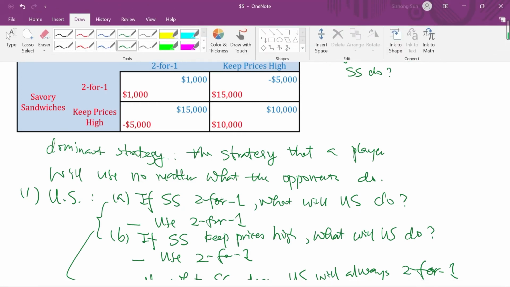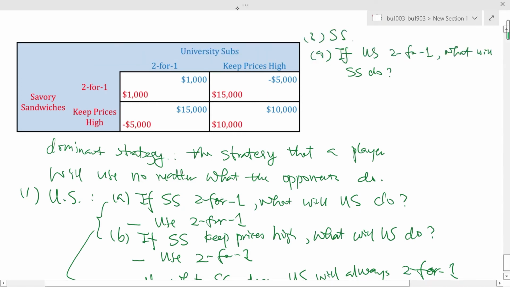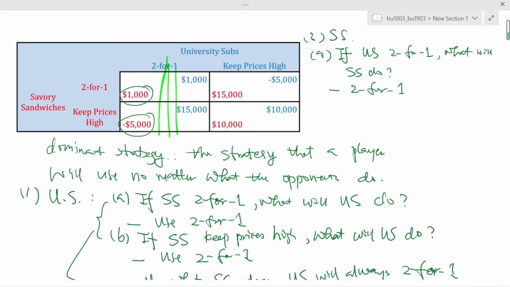So if University Subs choose two-for-one, then we are in these columns. And now we have to be aware that Savory Sandwiches will compare this payoff with this payoff. It's easy to see that Savory Sandwiches will choose two-for-one because it gives it $1,000 rather than negative $5,000.